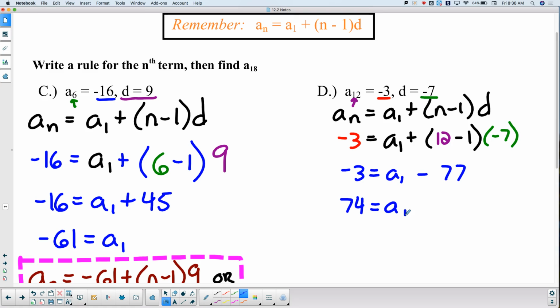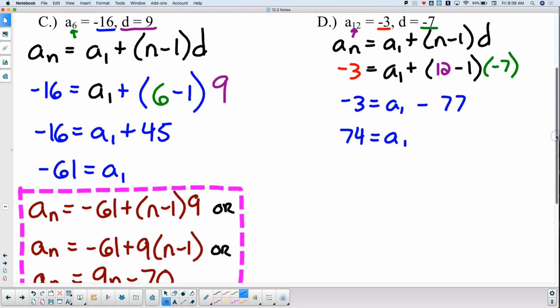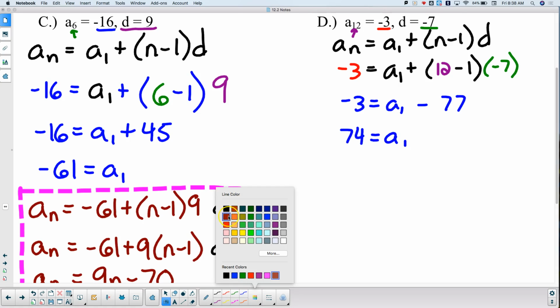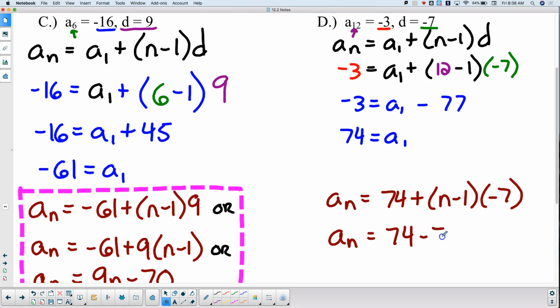If 74 is my first term, then a sub n is going to equal 74 plus n minus 1 times -7, and I would put that -7 in parentheses if you're going to go basic, just because then it doesn't look like -7 on the tail end there.